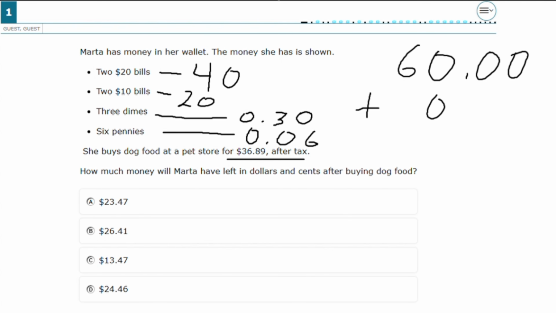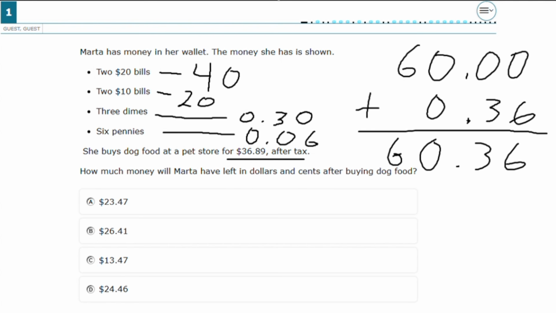So how much money does she have in total? This is how much Marta has in total: $60.36. Now we need to find out how much money she has after she purchases the dog food.